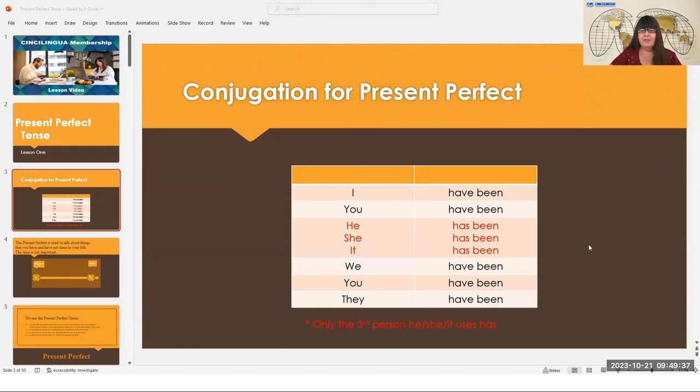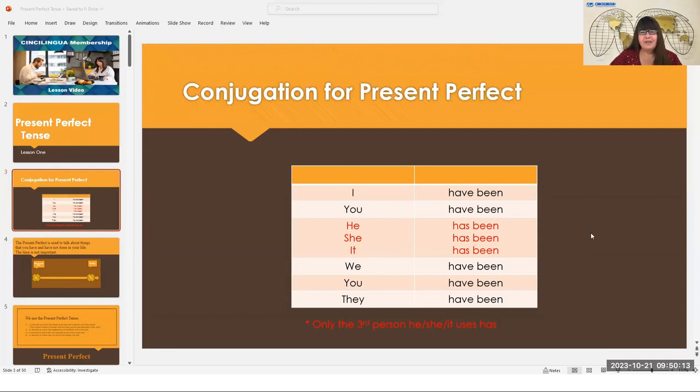In the present perfect, the conjugation would be like this: I have been, you have been, he has been, she has been, it has been, we have been, you have been, they have been. It's only in the third person, when we have he, she, and it, that we're going to use has. All of the others will be have.